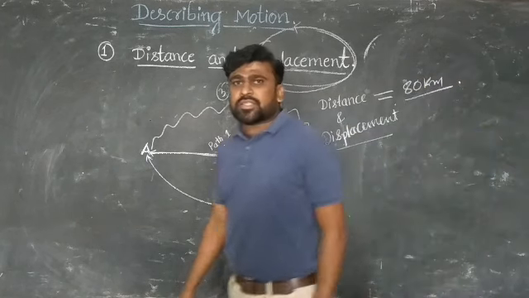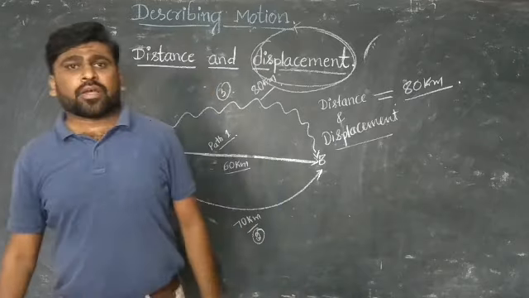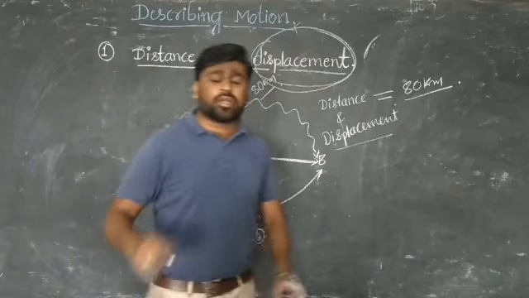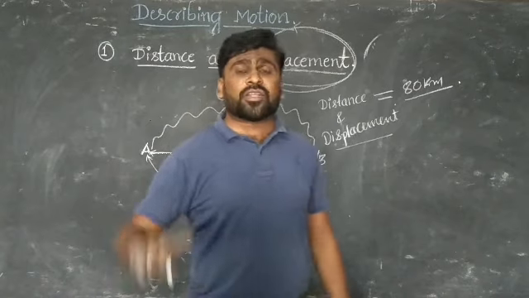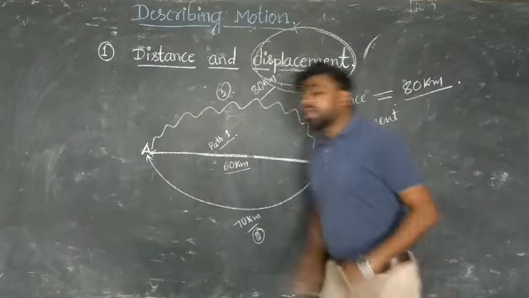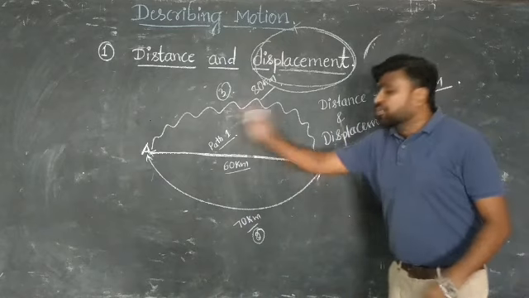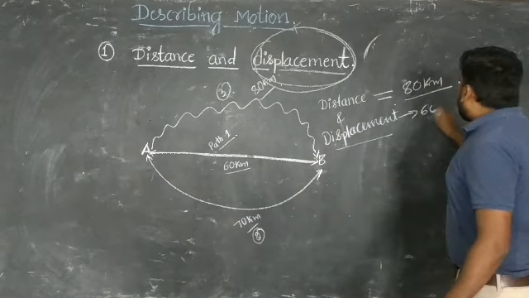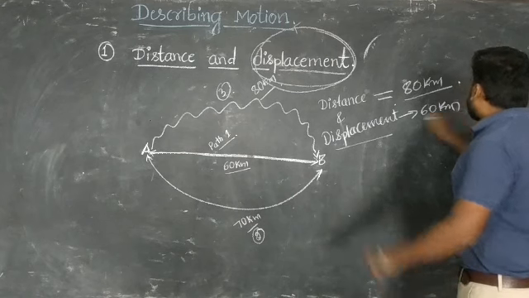Clear? The distance is 80 kilometer. Then what is the displacement? The displacement is nothing but the short distance between the initial and the final position. The initial is A and final is B. What is the shortest distance? 60 kilometer. Therefore, displacement is 60 kilometer.